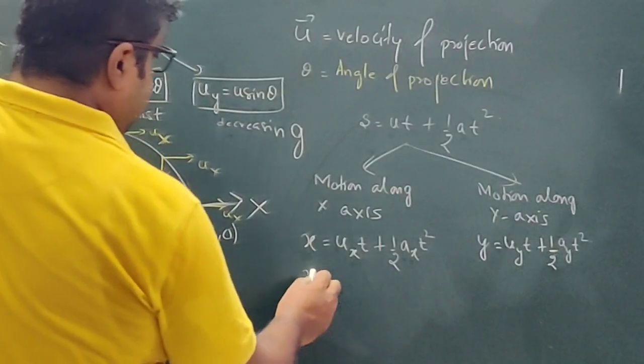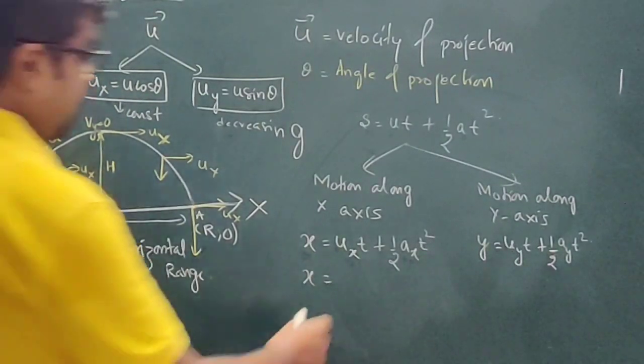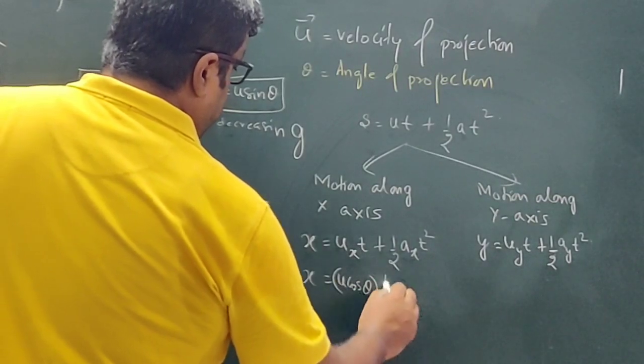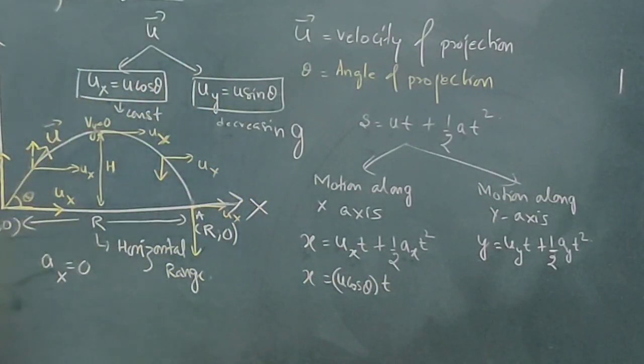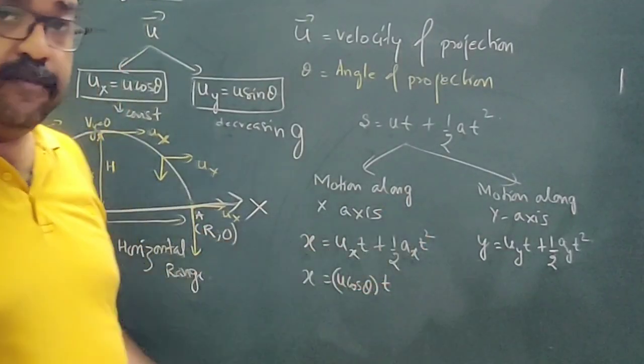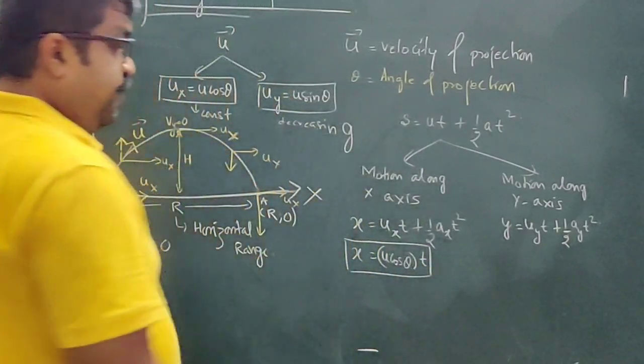So x is equal to, what is ux? Ux is u cos theta, initial velocity along x-axis. So u cos theta into t. The second term vanishes. Why? Because ax equal to 0. So this entire term becomes 0. So I have x equal to u cos theta into t.